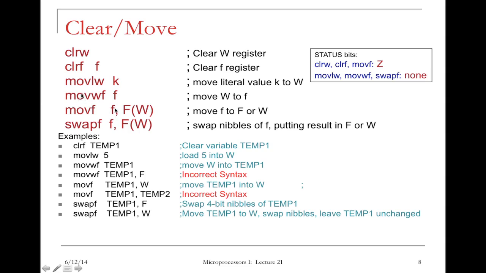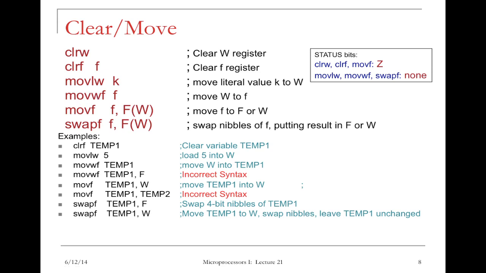The real F here is variable 3. It's move F, variable 3, comma, we can choose either F or W. Let's say if we choose W, okay? So let's say we have a move F space variable 3, comma, W.